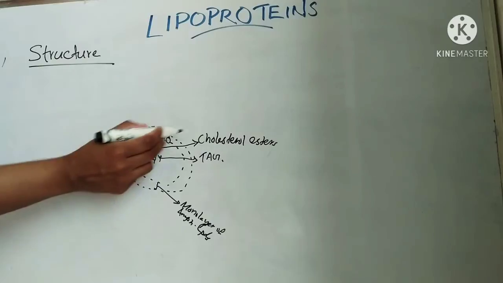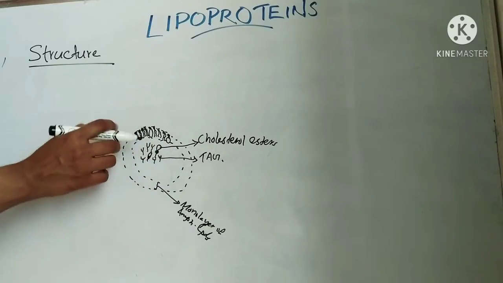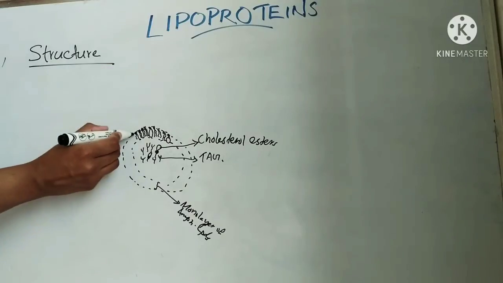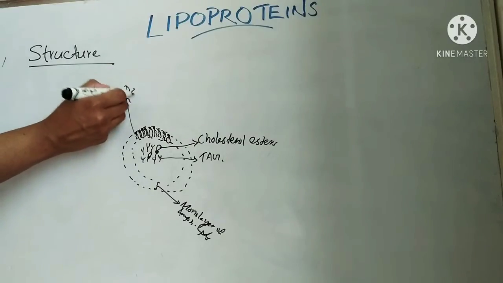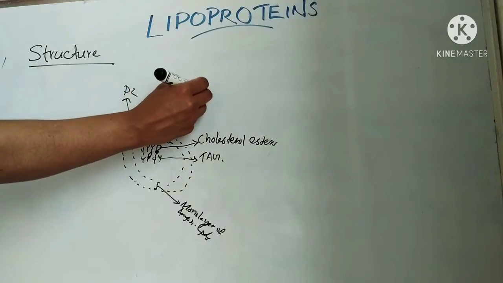In the inner core there is cholesterol ester, and the surrounding monolayer contains phospholipids and free cholesterol. This is phospholipid and this one is free cholesterol.